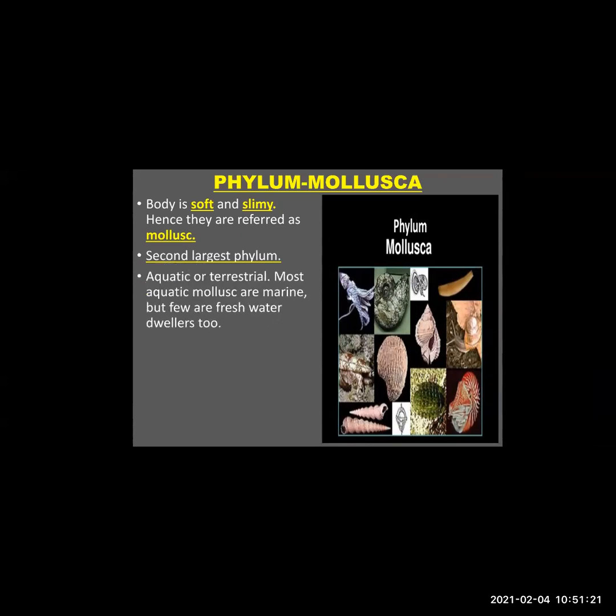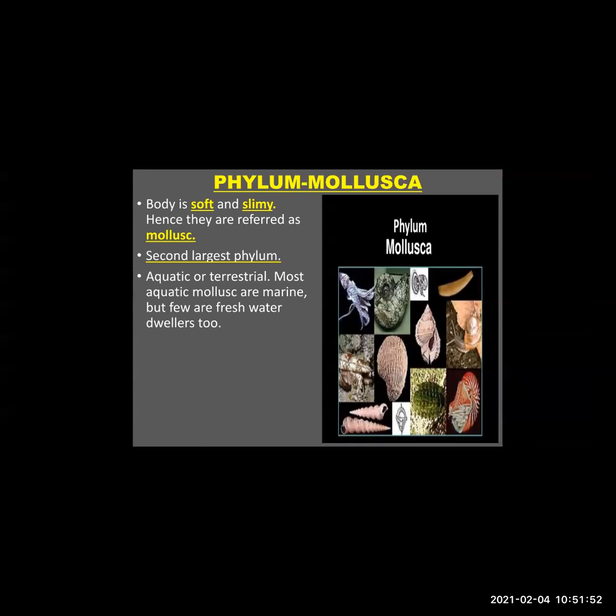Next, the animals found in this phylum are aquatic or terrestrial. Aquatic means they are found in water bodies. Most of the aquatic mollusks are marine, but a few are freshwater dwellers too. That means most of the molluscs are marine, found in saline water, seas, oceans, but a few species are also found in fresh water, that is rivers, lakes, and ponds.